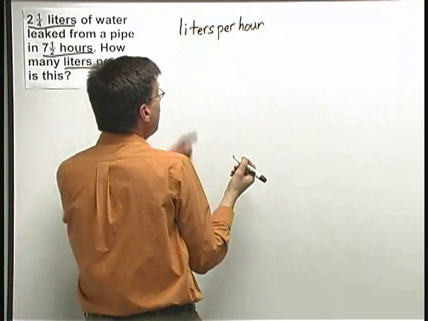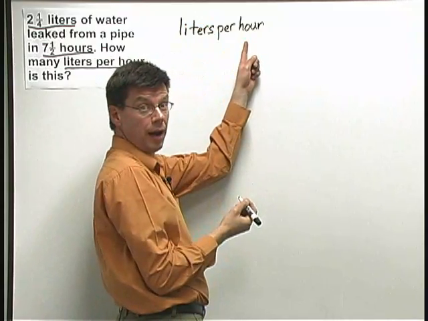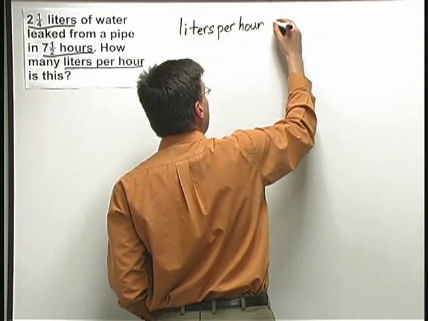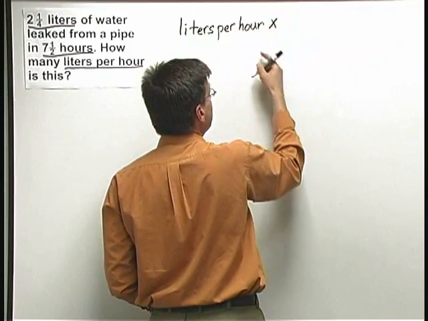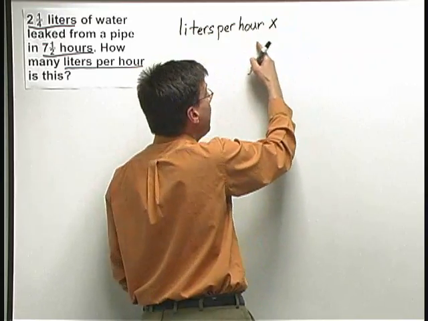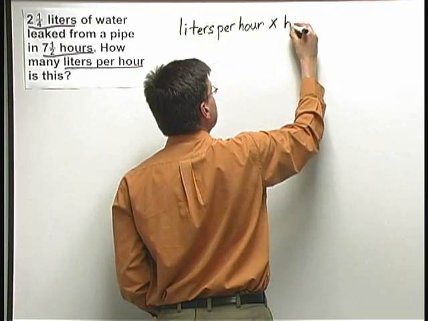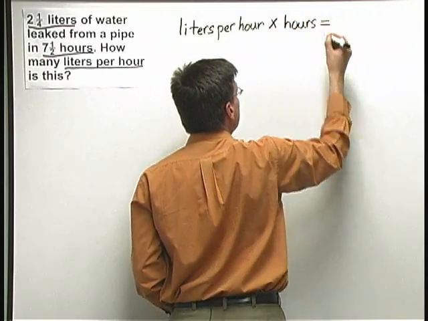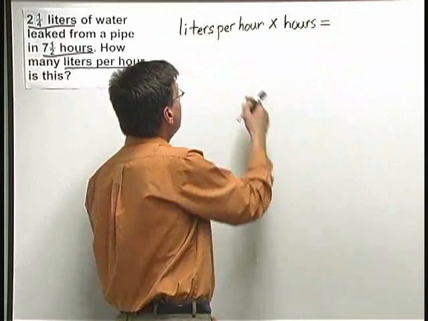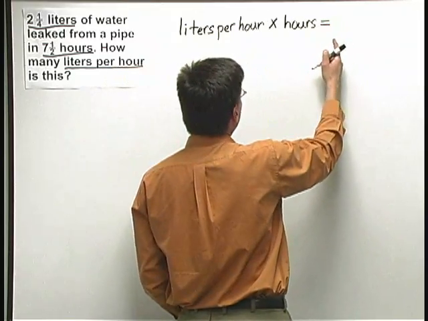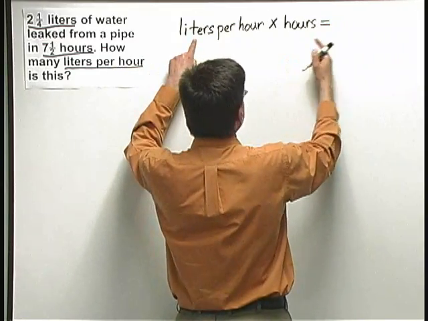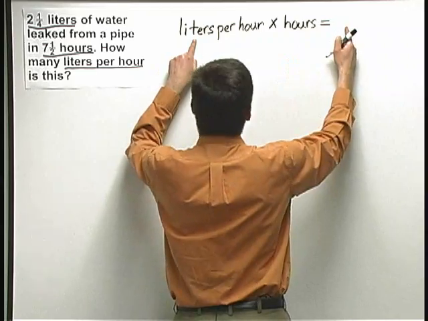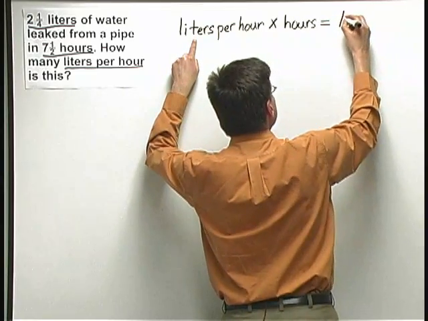And I know that if I take liters per hour and multiply by units represented by the word after the per, that's hours, I get a number that will equal a quantity whose units are given by the words in front of the per. That's liters.